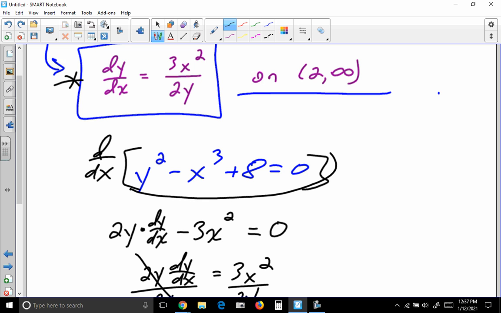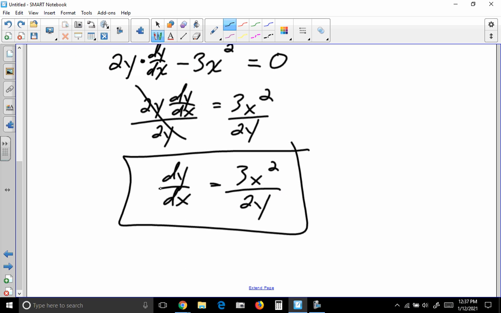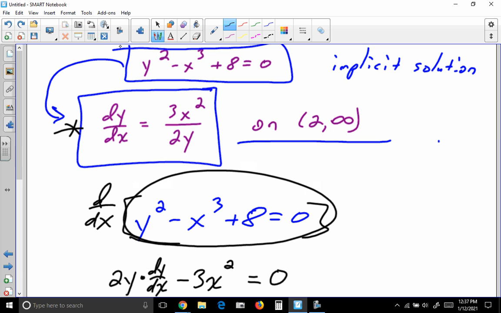So this equation, when we take the derivative, it produces that differential equation. Therefore, that is an equation whose differential equation is this. So this is an implicit solution of the given differential equation.